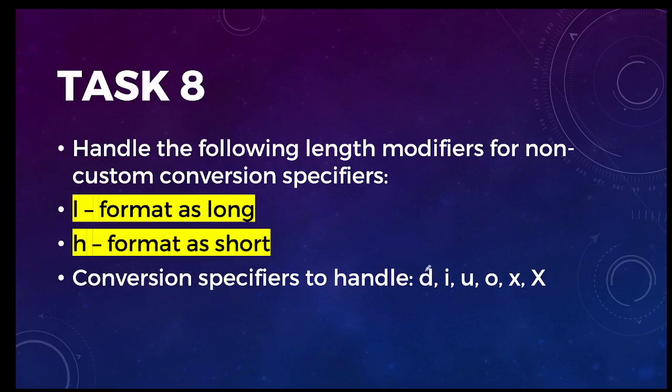If I add L, let's say %ld, then I'm going to have a long integer. If I say %li, then I'm going to have a long integer that also has special characteristics. If I say lu, I'm going to have a long unsigned integer. If I say lo, I'm going to have a long octal, and so on and so forth.